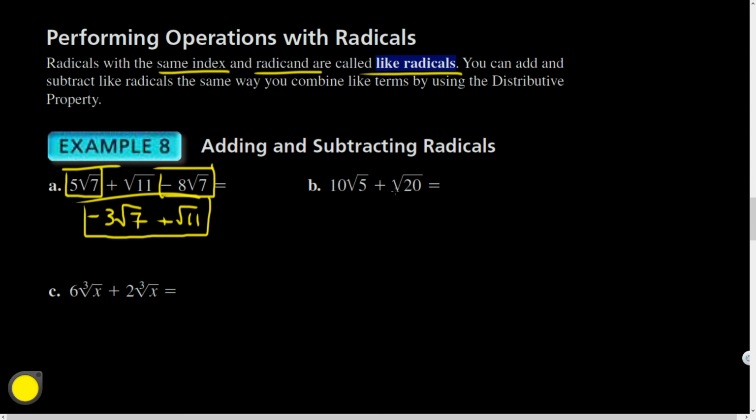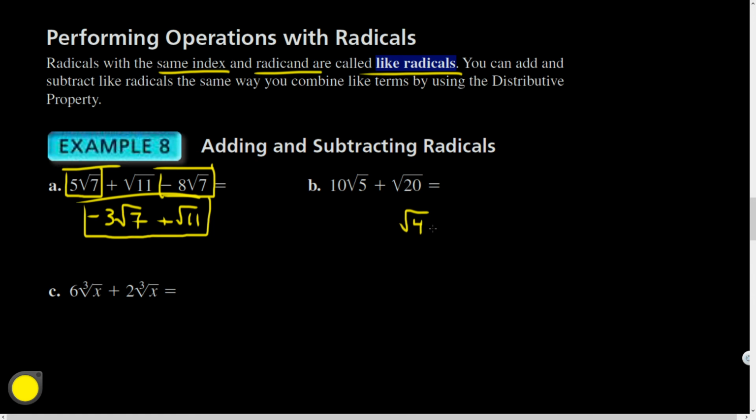Here we go. All right, so you might be like, well, Mr. Waddy, I can't combine those, and you're correct in their current form. But just like we used to have to get a common denominator in adding fractions, in this case, you are able to get a common radical, a like radical, because the square root of 20, remember our skills from the other day, I could break that up into a largest perfect square.